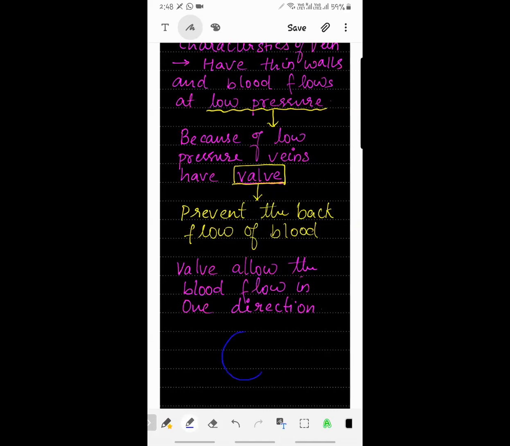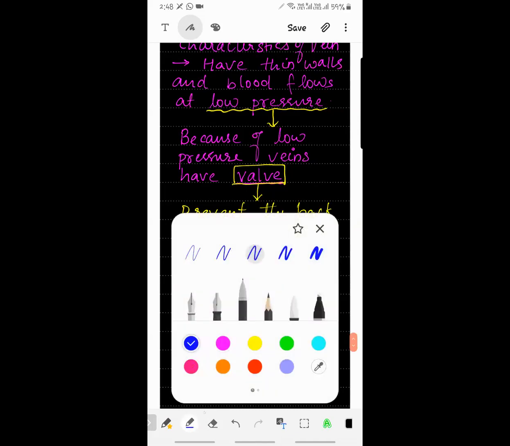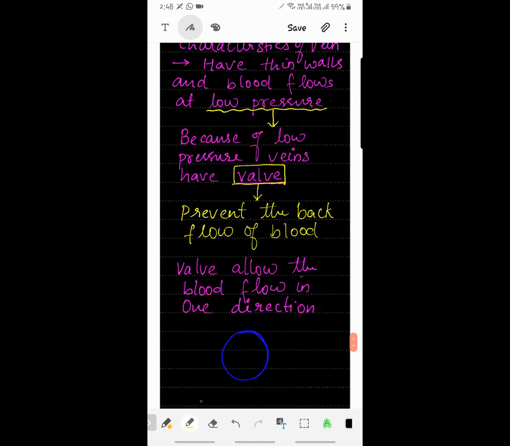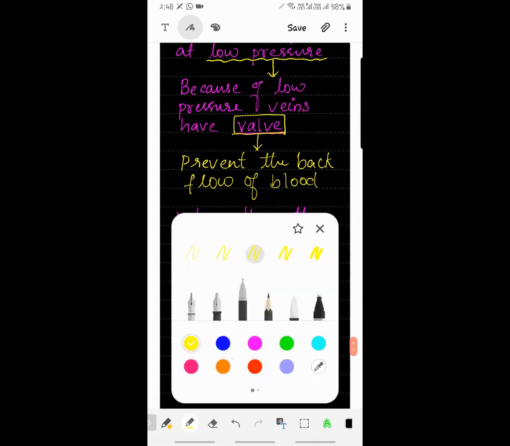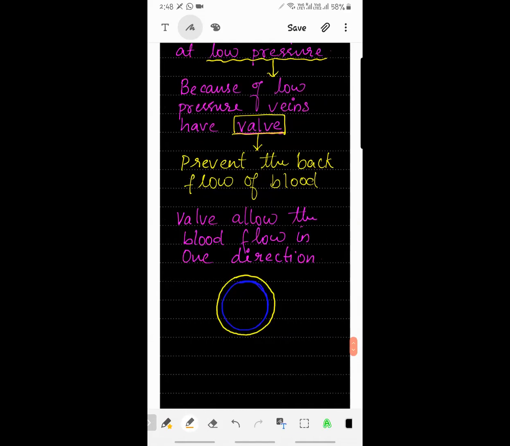Now, a valve is like a sheet. Let us say that this is a vein, and the vein has walls. Three layers are present. This is the outer thin wall, and this is the middle.